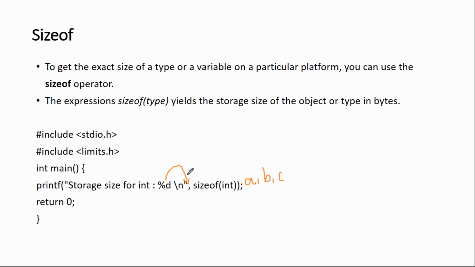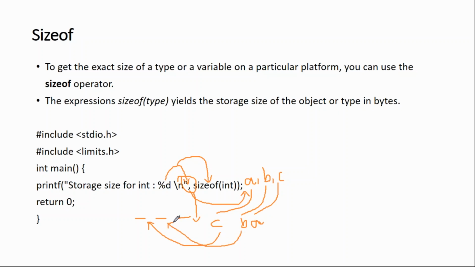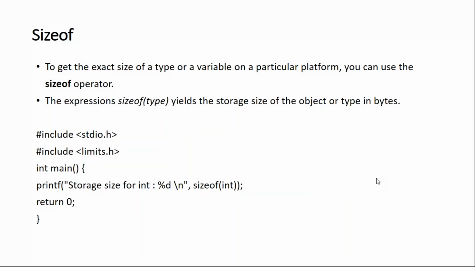Then copy the same symbol here and again here, so that you will continuously have %d, %d and %d, and complete this particular double quotes and comma. Finally you will see these variables placed here. How you arrange these things, whether A, B or C, or C, B or A, those particular values will print in their respective places.